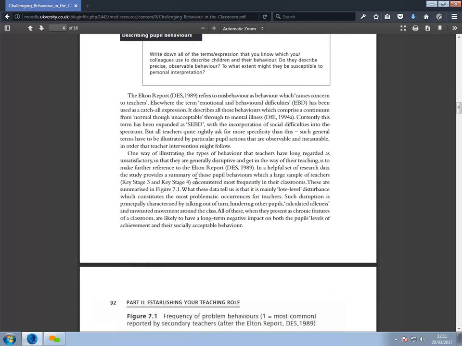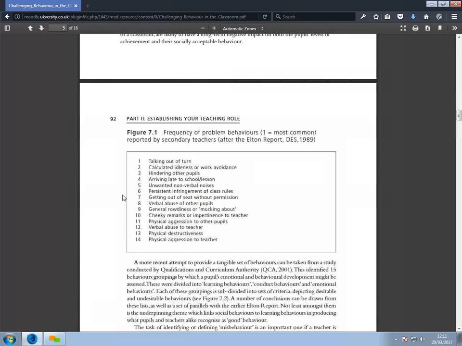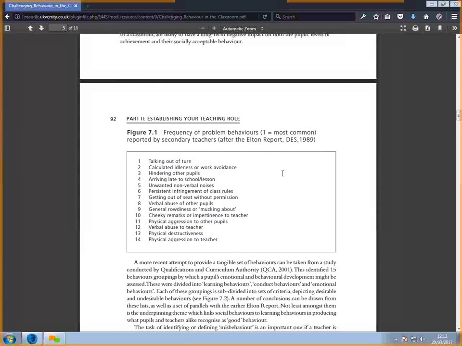It covers the report, some of the other things that go in establishing the teaching role, frequency of problem behaviours, most common, reported to secondary schools, talking about calculated idleness or work avoidance, hindering of other pupils, arriving late, unwanted or non-verbal noises.